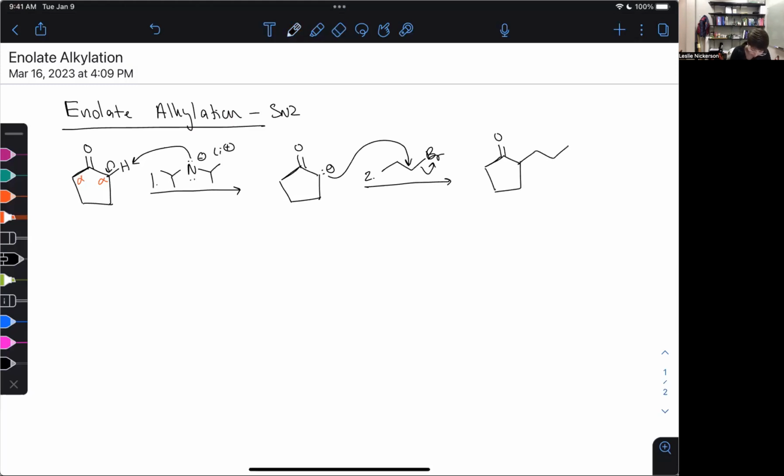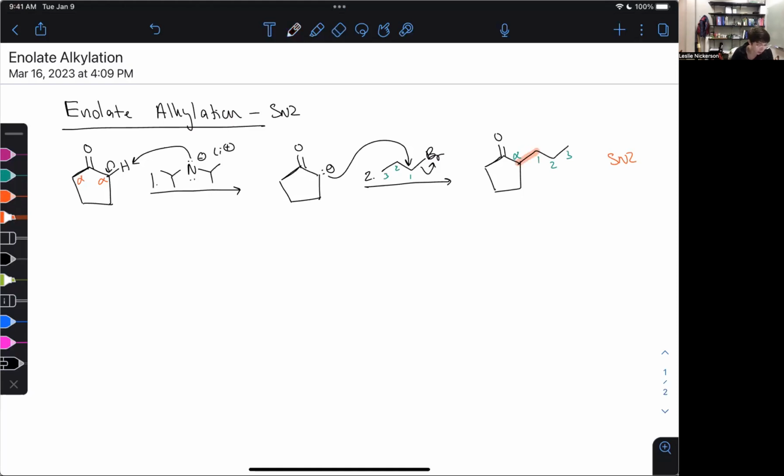And then we formed a new C-C bond. Our new bond that we formed is this one right here, so we formed that alpha carbon to carbon 1 bond. Again, harkening back to our SN2 days here.